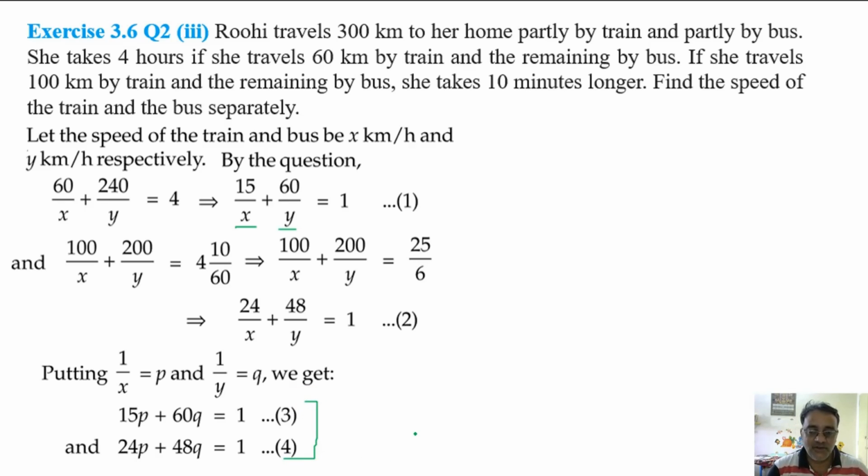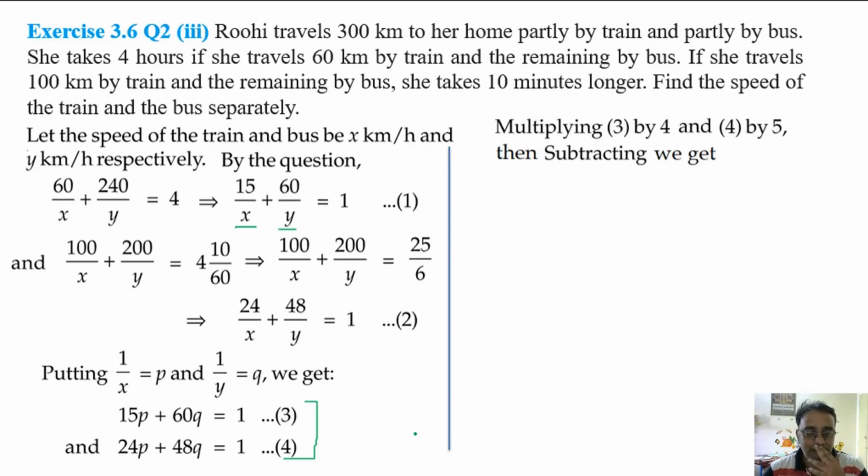Okay, so now I want to make one coefficient the same. So what to do? For that, I will multiply the third equation by 4 and the fourth equation by 5. Is that okay?